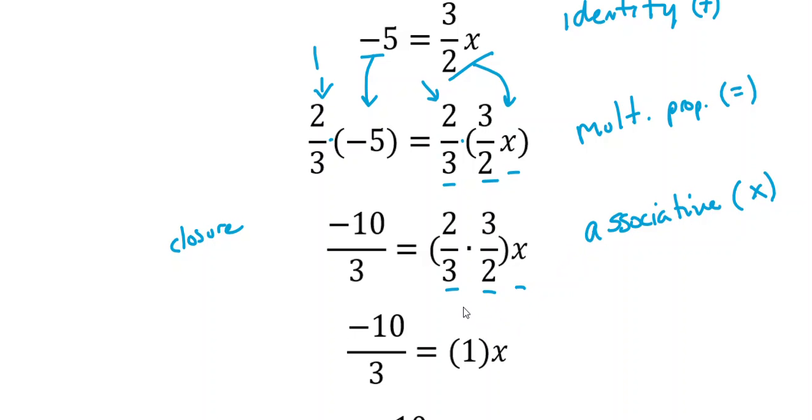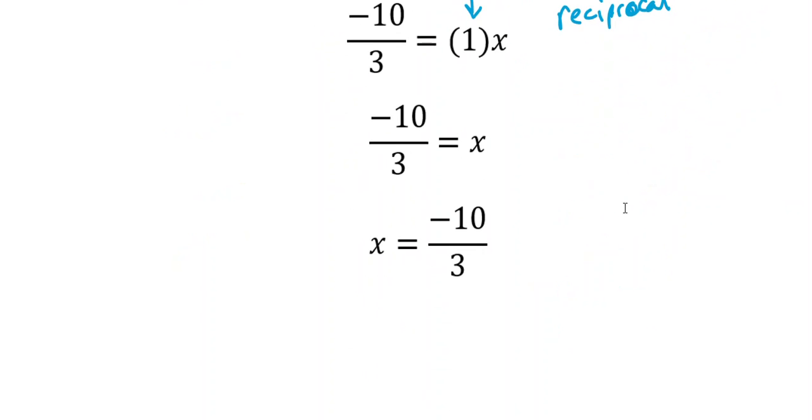And in fact, we chose to do 2/3 times 3/2. Why? Because those are reciprocals. So this is the reciprocal property or multiplicative inverse property. Reciprocals multiplied together to be 1. And now we're going to do the identity property. 1 times x is x. That's the identity property of multiplication, not addition.